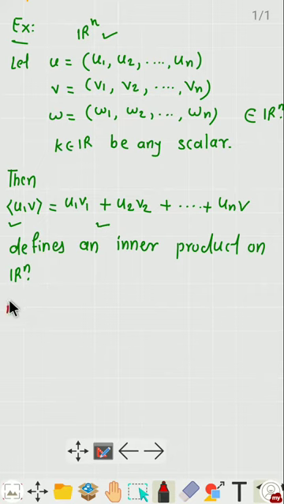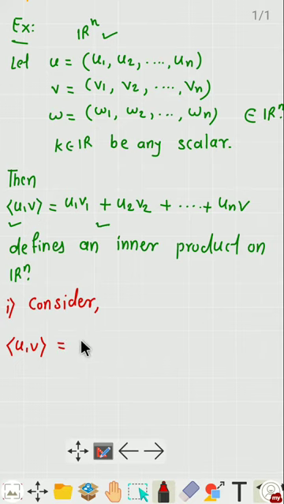So let us try for the first property. Consider the inner product of u with v.